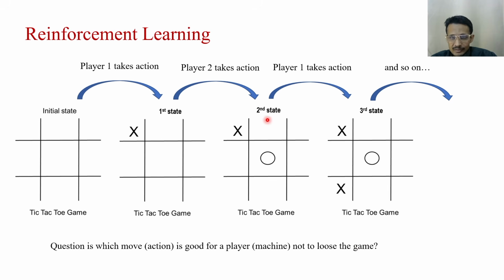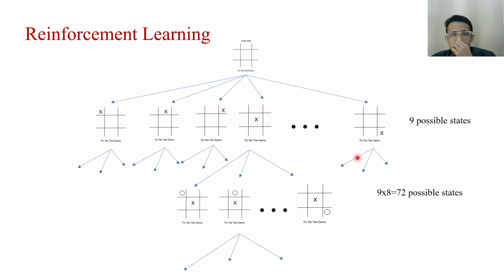At every state, when it is the machine's turn, it has to choose the position where to put the circle mark, so that it at least ensures either a win or not losing. Here we have to understand the different possible states from the initial state.